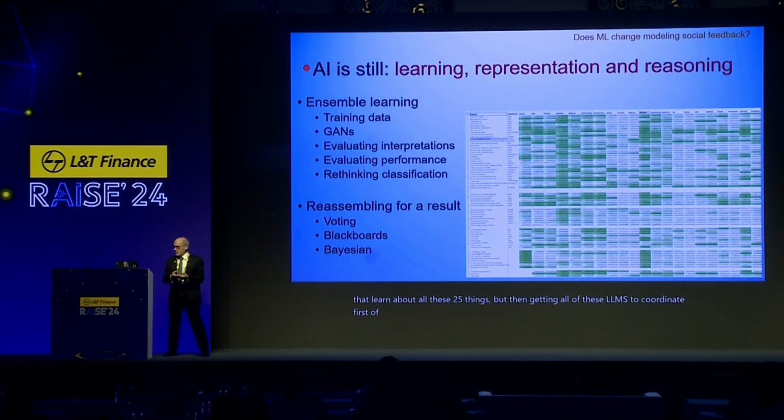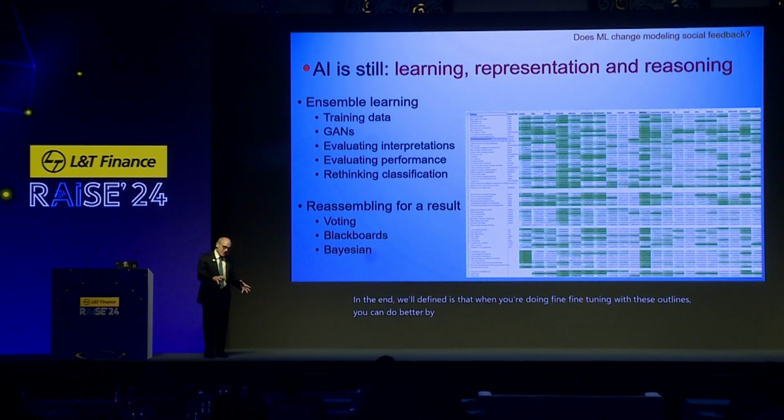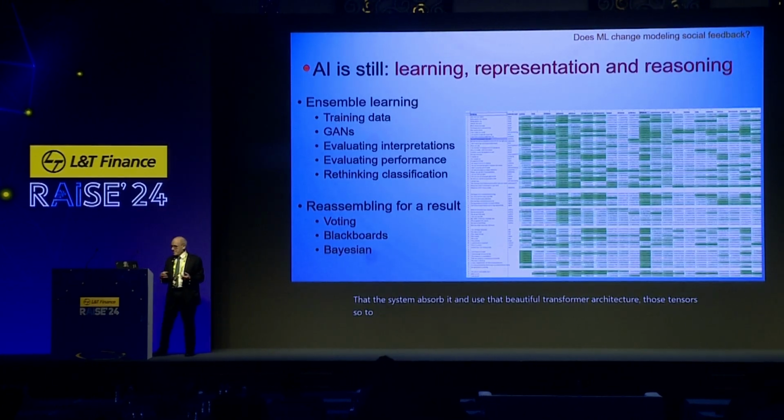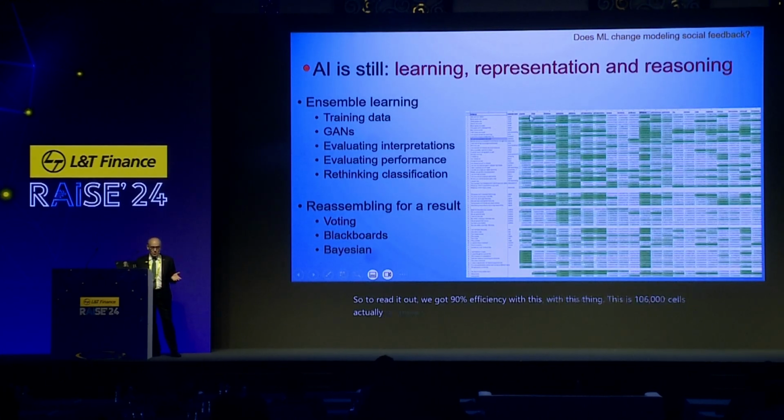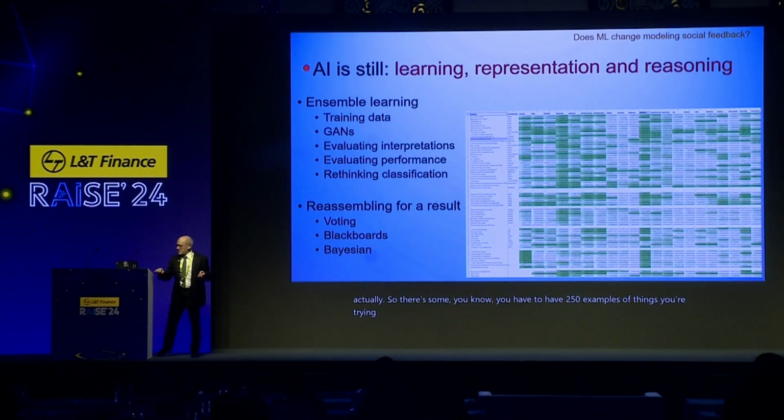In the end, what we find is that when you're doing fine-tuning with these LLMs, you can do better by putting all of the data in that you would normally put in ensemble learning, and actually let the system absorb it and use that beautiful transformer architecture and those tensors to weed it out. We got 90% efficiency with this thing. This is 106,000 cells actually. So you have to have 250 examples of things you're trying to train an LLM to be successful.